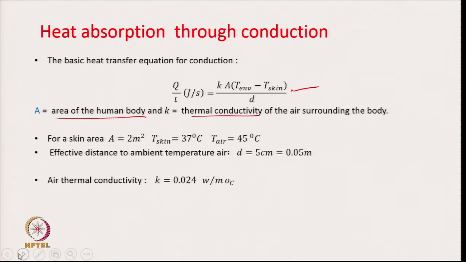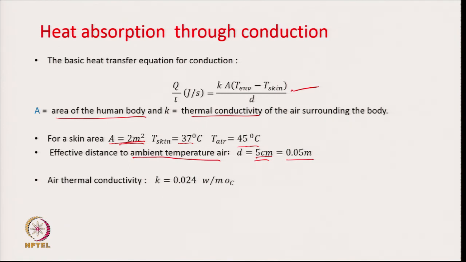Now, effective distance of ambient temperature air is considered around 5 centimeter, or that is equal to 0.05 meter. The standard skin area is considered always 2 meter square. Skin temperature and air temperature have been given.